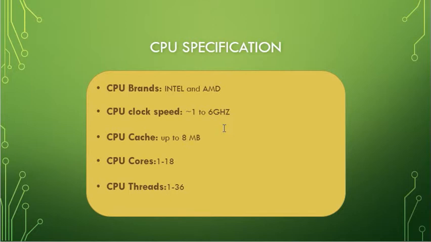For example, if you are playing very high-end games, then you would probably want to consider the highest speed for your clock cycle. But for the normal everyday use of your computer, you don't really need to go with the highest end of the speed. So you just want to consider your needs from your computer.